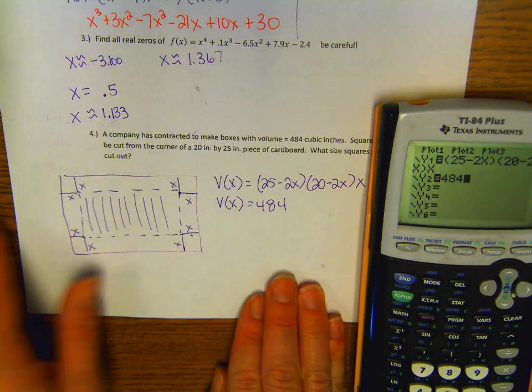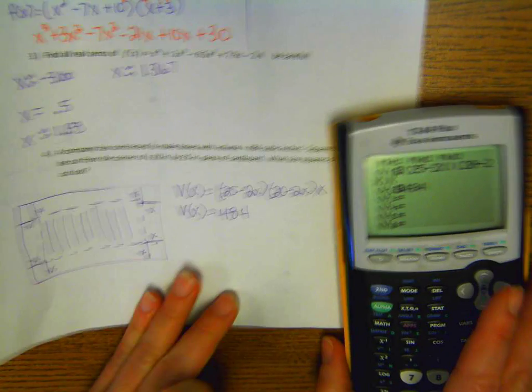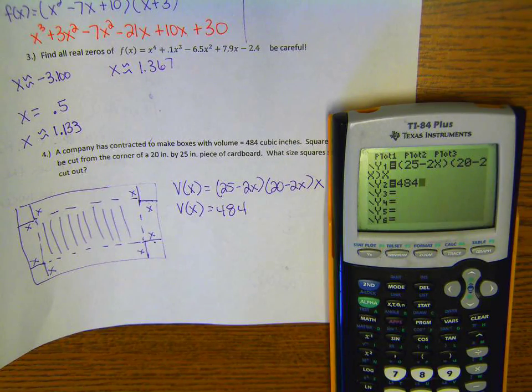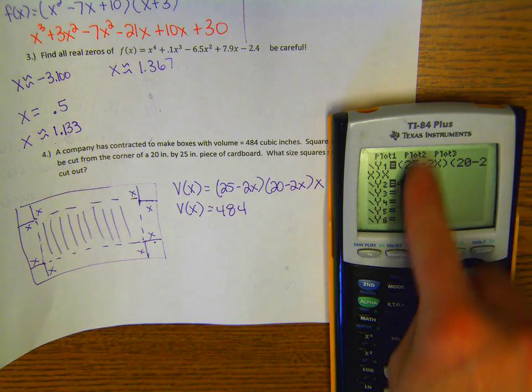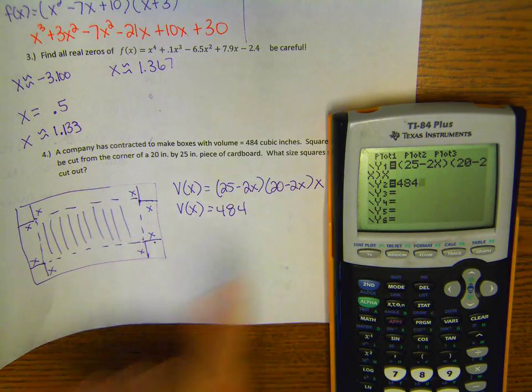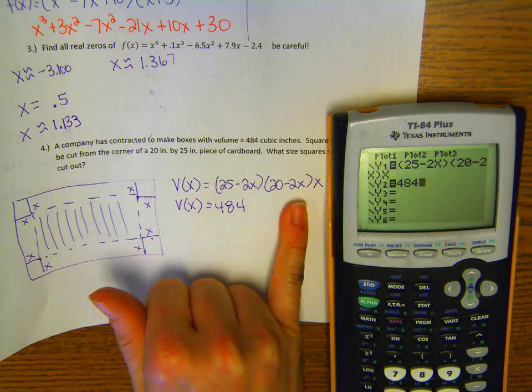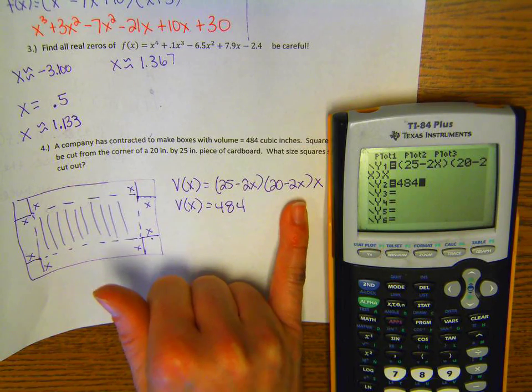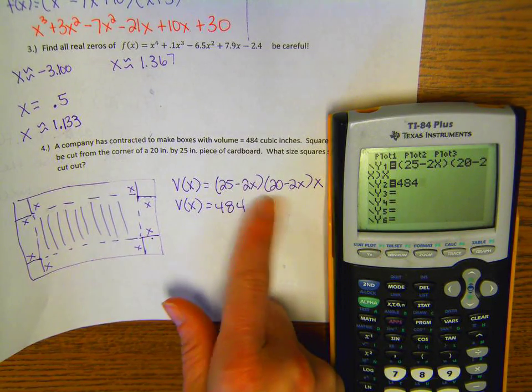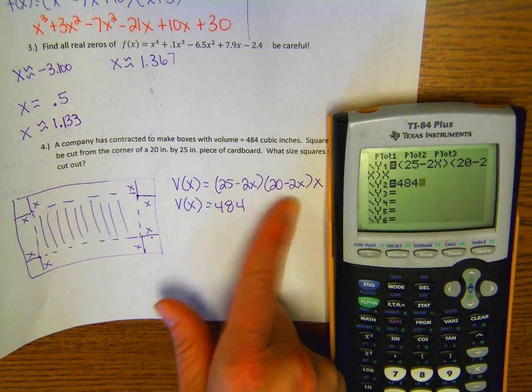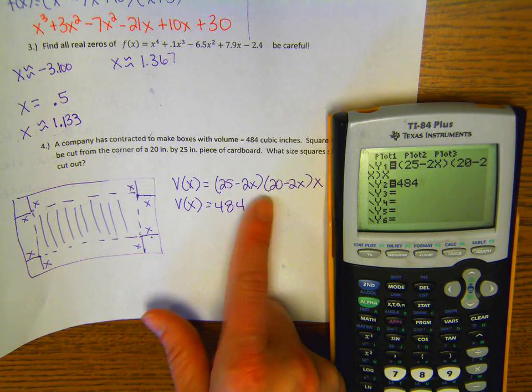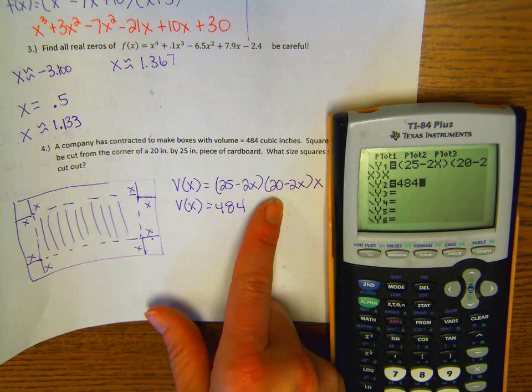Okay, now for our purposes there's two answers. There's actually more than two answers to finding their intersection. But what would happen after x is equal to 10? What would happen to the width of the box if I put something bigger than 10 in? It would become a negative dimension, right?